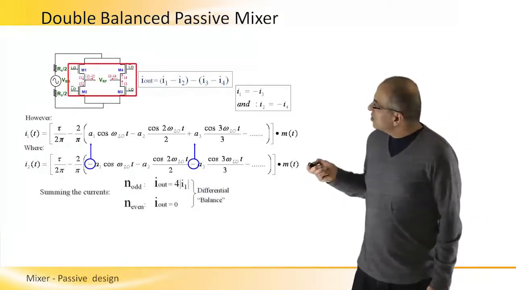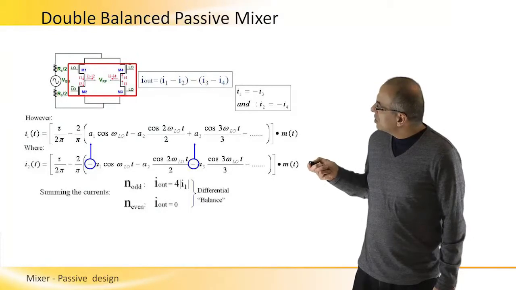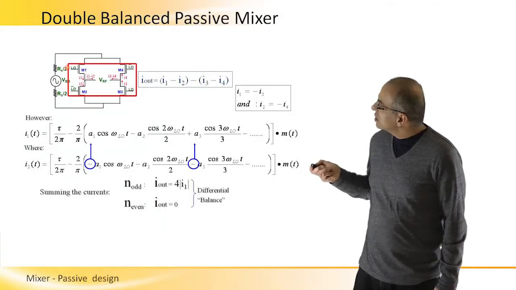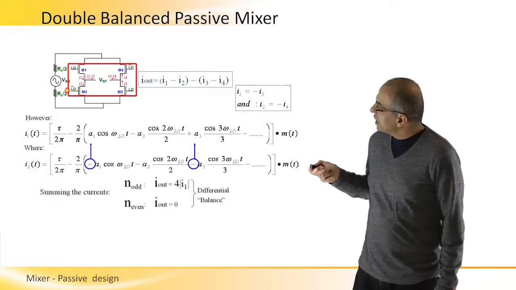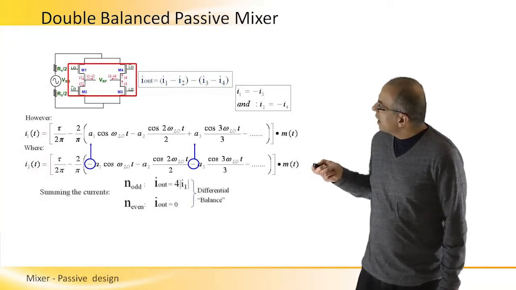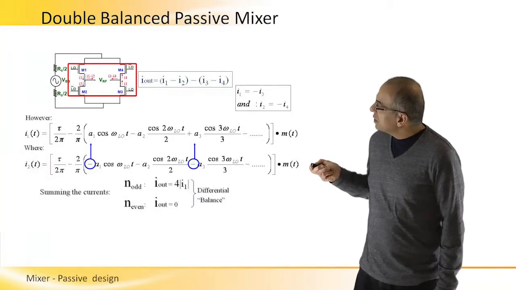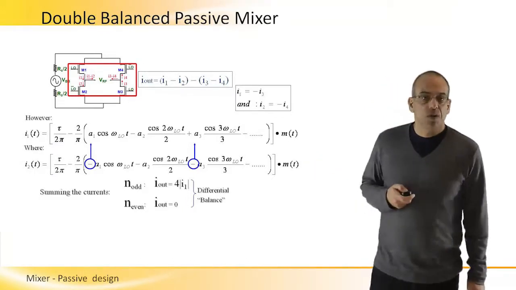However, if we look at this design, on this gate we have the LO signal, and on this gate we have the complementary LO, or the negative of this signal, and they're both leaking at different phases to the same output.